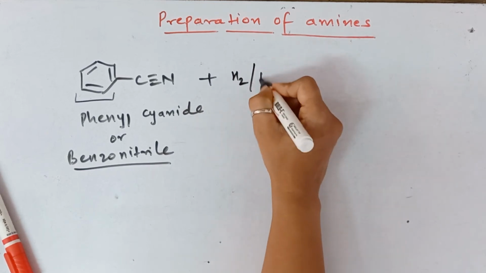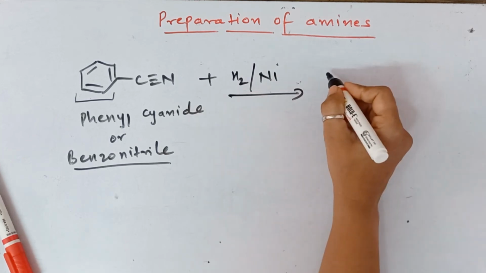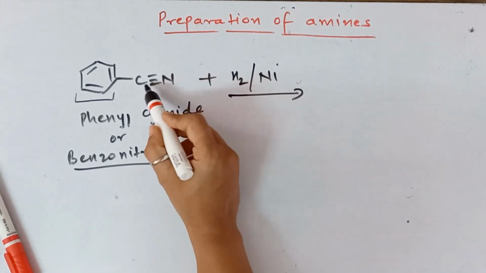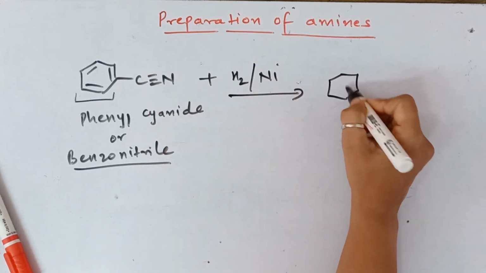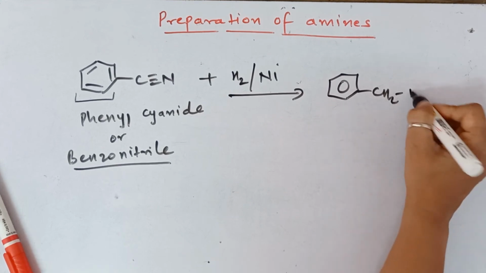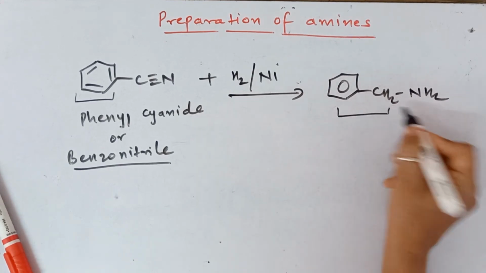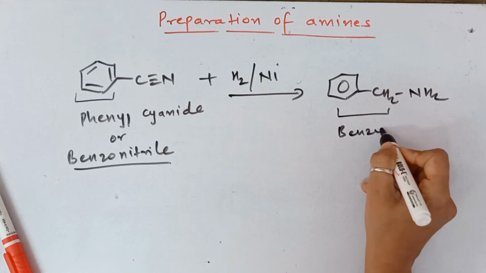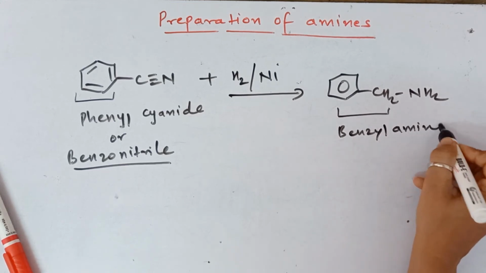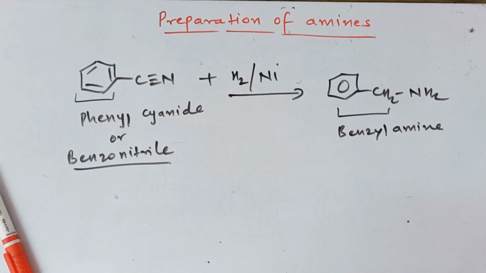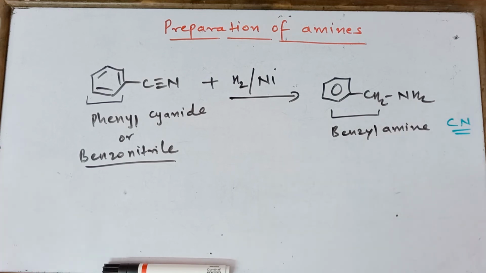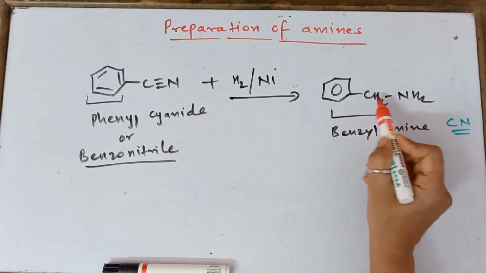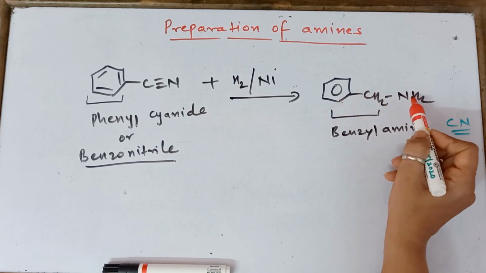Let's use the catalytic reduction technique. What product are we going to get here? You can easily guess. We reduce the cyanide group and get benzene with CH2NH2. That's benzylamine, and you can see that it is a primary amine because the nitrogen is attached to only one carbon atom. This is your common name, children, and when we talk about the IUPAC name, we call this phenyl.